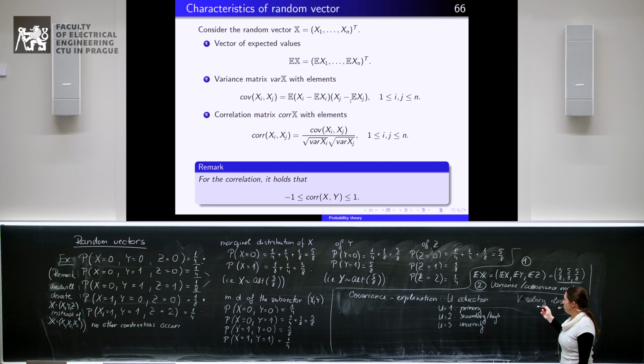Let's consider 4 salary classes first. So V is equal to 1 if the person has the lowest salary, and so on.